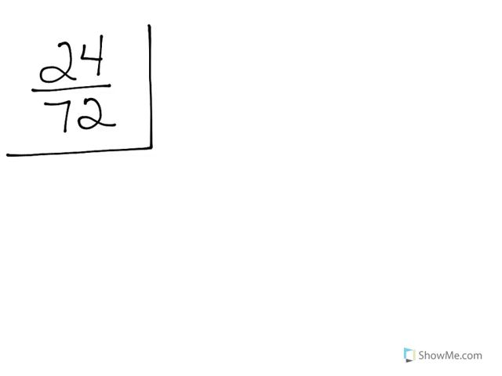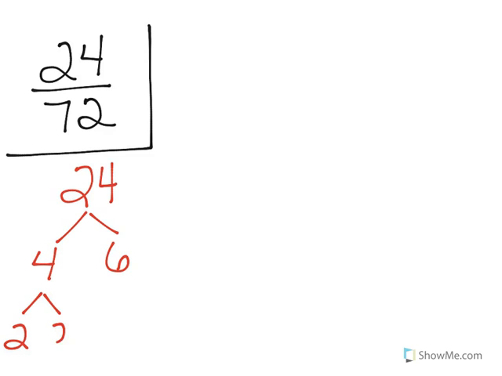Let's use the prime factorization method to break down 24 over 72. I'm first going to find the prime factorization of 24. 24 can be broken down into 4 times 6. Neither one of those numbers is prime, so I'm going to have to break those down even further. 4 can be broken down into 2 times 2, and these can be circled because 2 is a prime number.